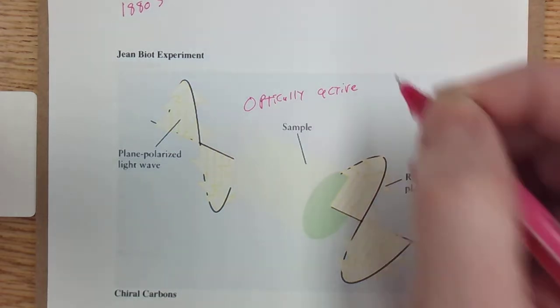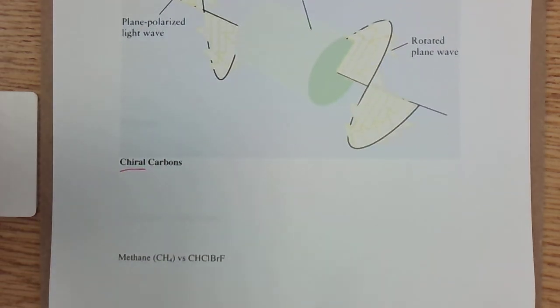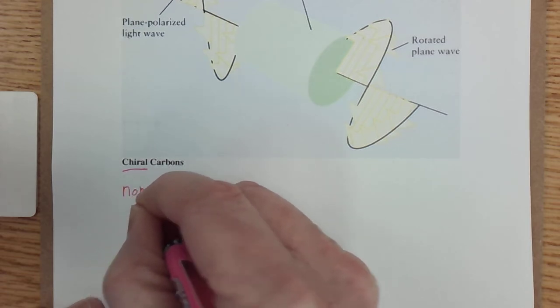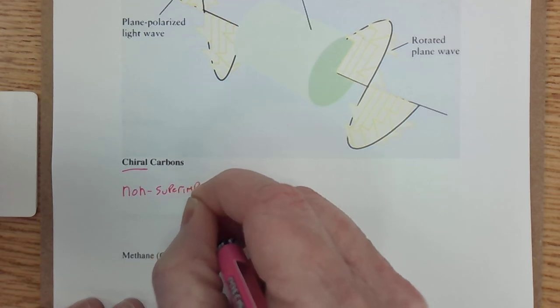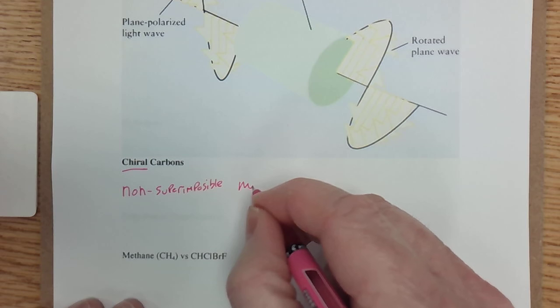Okay? An optically active isomer is often referred to as a chiral compound. Now, a chiral compound has a non-superimposable mirror image.